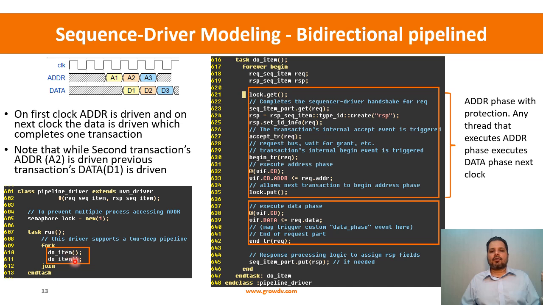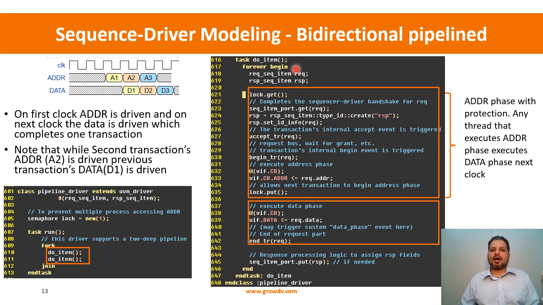And then what we are doing is we are forking off the do item task. We are forking off two instances of this particular task in the run phase for this particular driver. So this task run is what we are going to eventually call in the run phase for this driver. So what are we going to do in the do item?